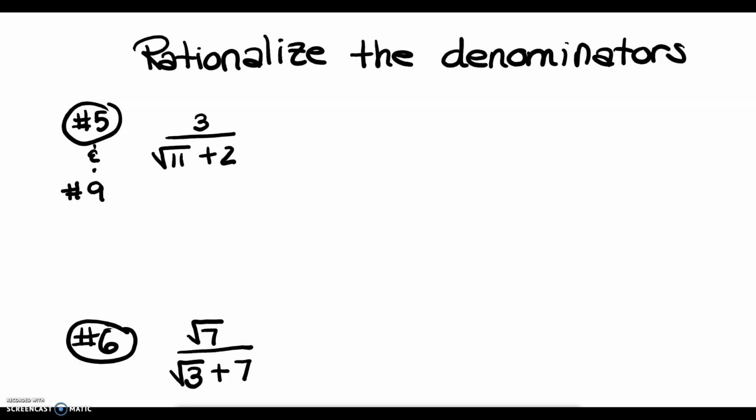Okay, so we're going to use the concept of conjugates to get rid of our radicals. We're going to find the conjugate of our denominator, and remember, when we have fractions with binomials, we add our parentheses. So what is the conjugate of my denominator here?